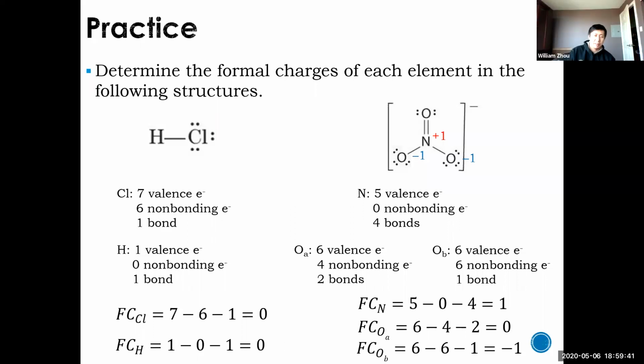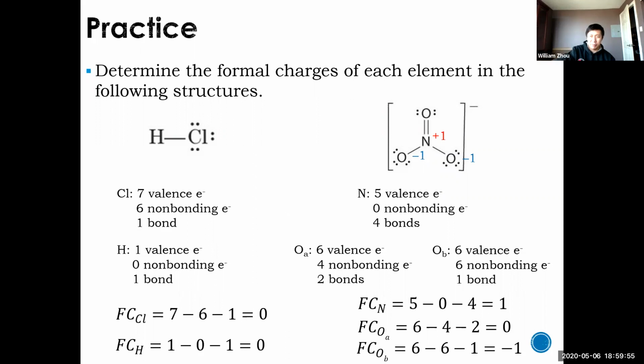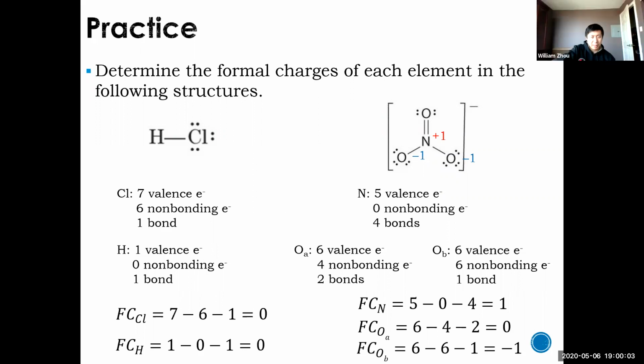What do you mean by that? Like the formal charge of every single atom in your compound, they have to all add up to your overall net charge. So in this case, if you have phosphate 3-, then the sum of all the formal charges is -3. Okay, that makes sense, guys?